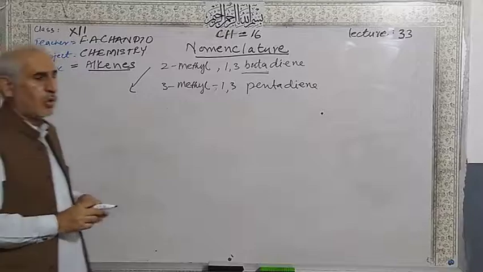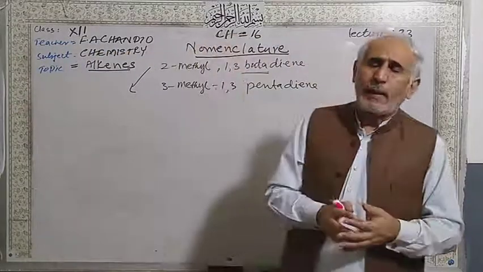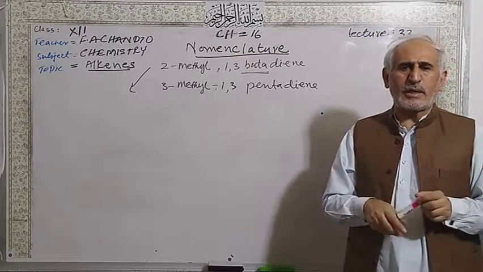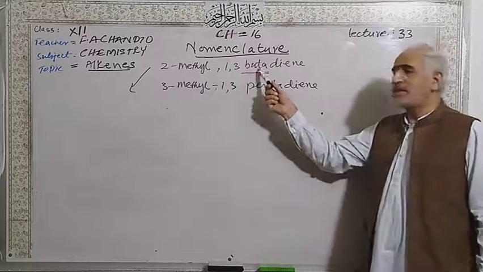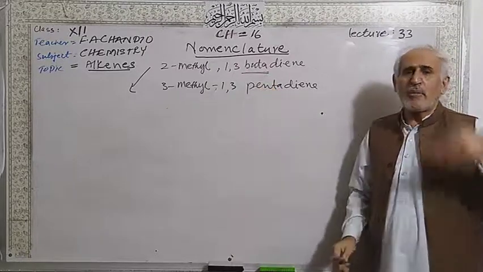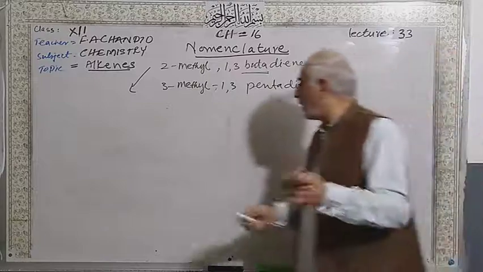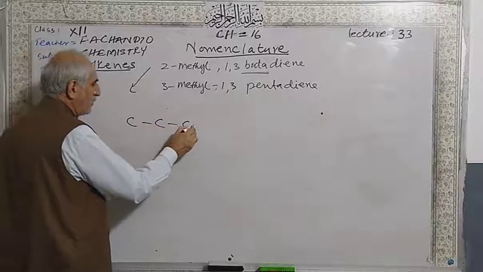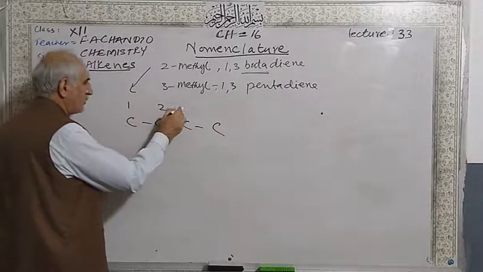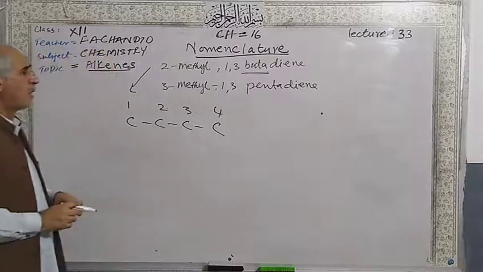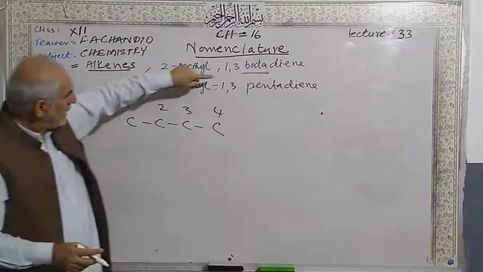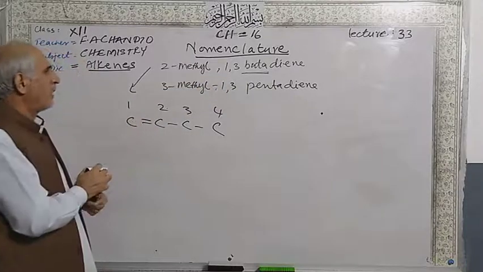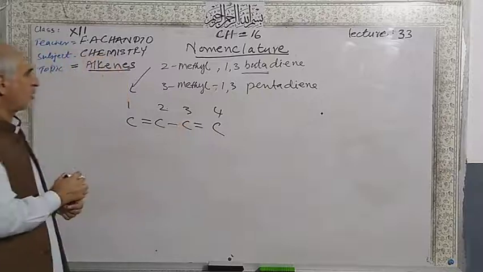This is the rule. If you are drawing the structure of an organic compound, alkenes or alkynes, step number 1: how many carbon atoms are there? 4. Then give numbers. After the numbers, see the position of the double bonds. 1, this is carbon number 1. 3, this is carbon number 3.